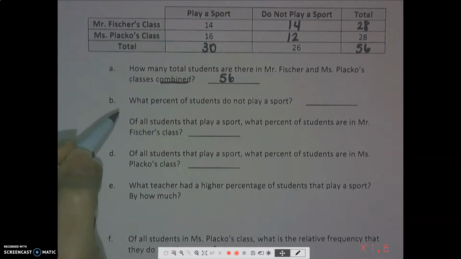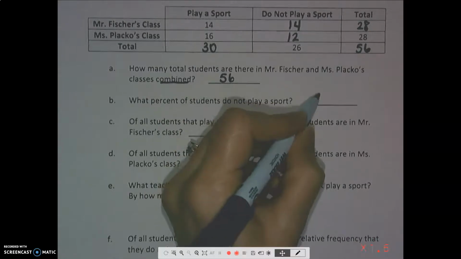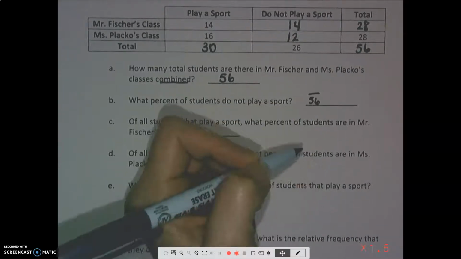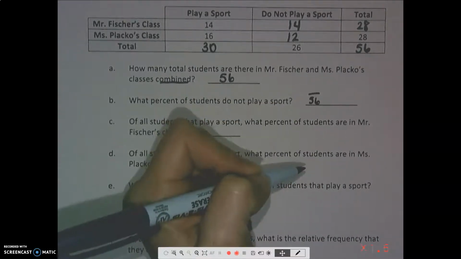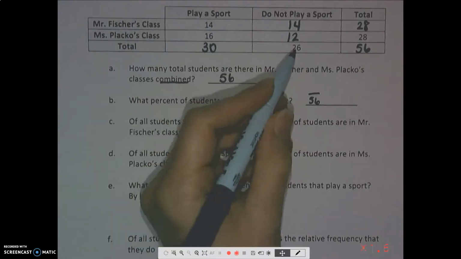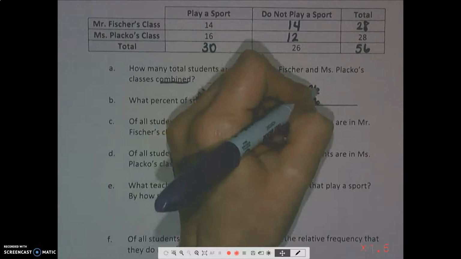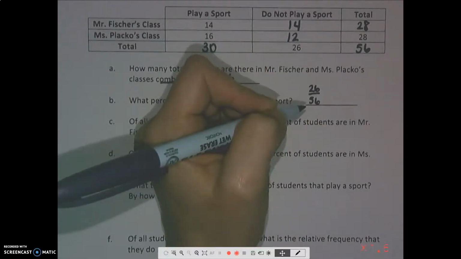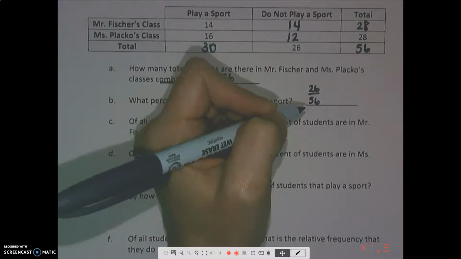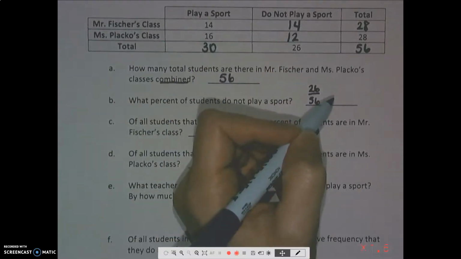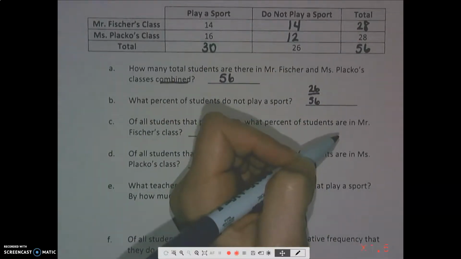What percent of students, so it's just saying students in general, we're not saying whose class they're in, do not play a sport. So that means we want to look at all 56 of the students between both classes when we're doing this. Do not play a sport would be 26. And 26 divided by 56, when it says give a percent, you got to actually divide it out.